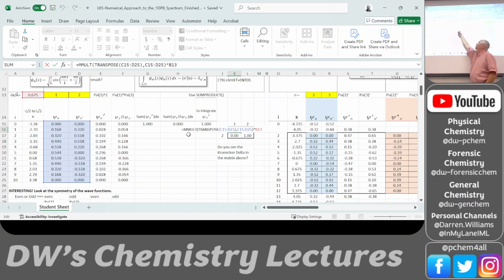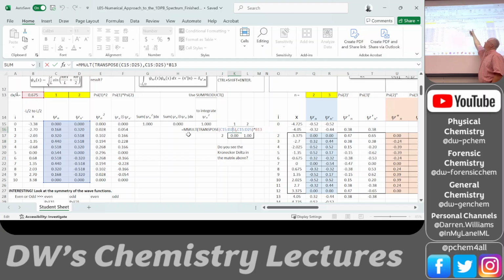It's the matrix multiplication of the transpose of this block of wave functions. We take this block and we do transpose, it turns horizontal. And we multiply by this block of wave functions. So that first wave function row multiplied by the first wave function column added together times dx gives us the integral of wave function 1 times itself. And we get 1 in that square.